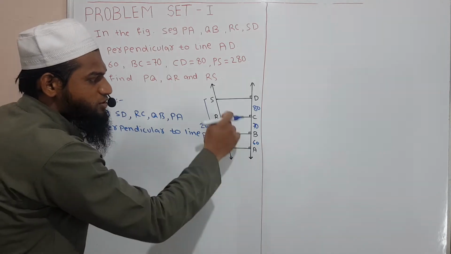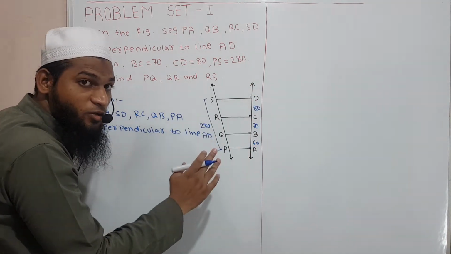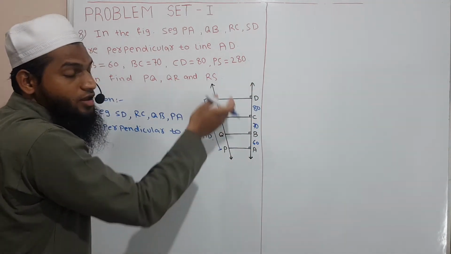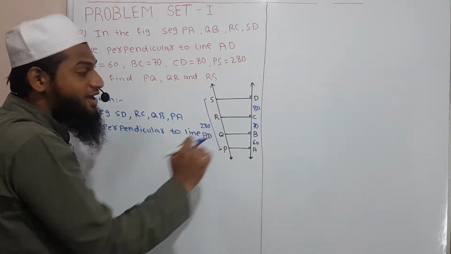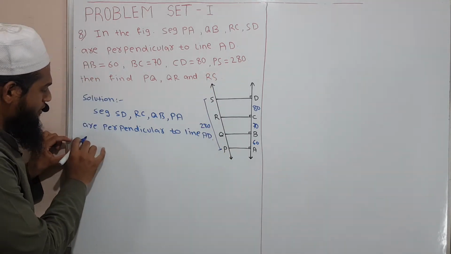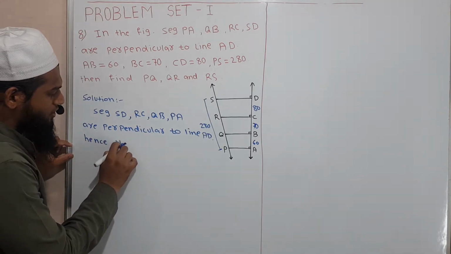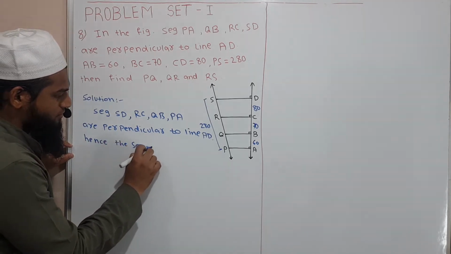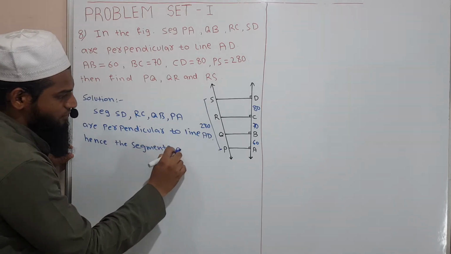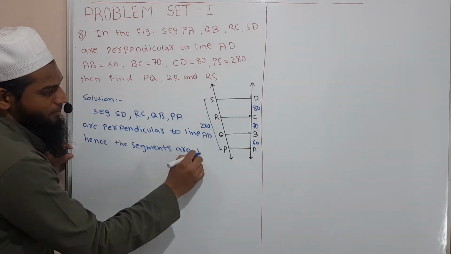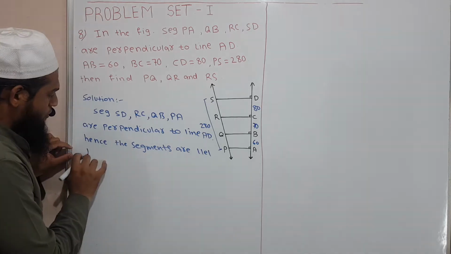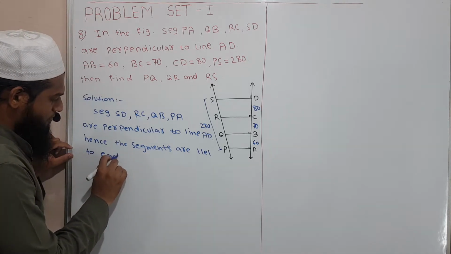मतलब ये पूरे के पूरे जो सेगमेंट हैं वो एक लाइन के ऊपर परपेंडिकुलर हैं। इट मीन्स दैट वो सब एक दूसरे के पैरेलल हैं। ओके, हेंस द सेगमेंट्स आर parallel to each other.